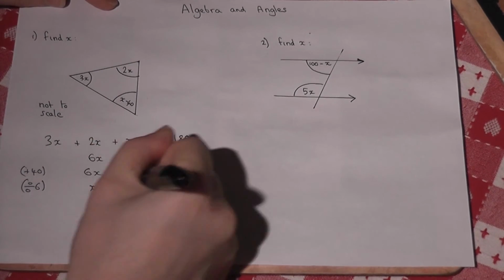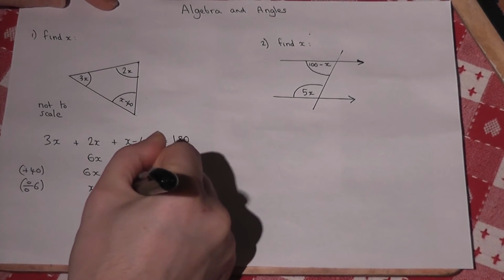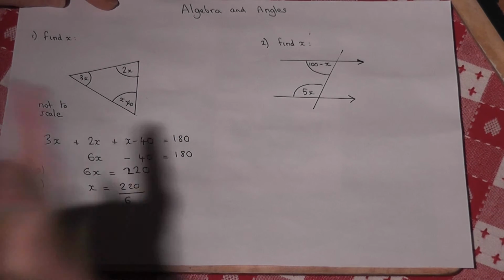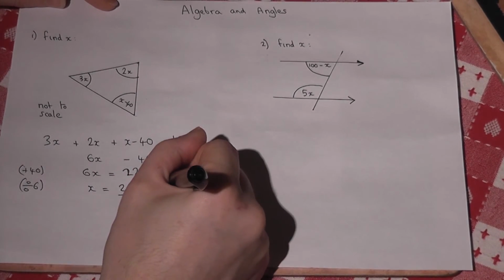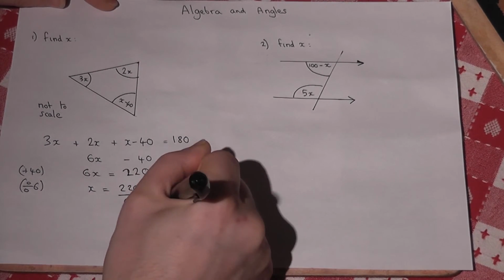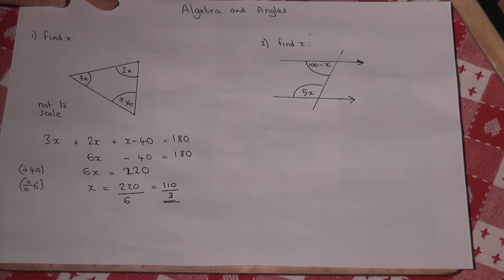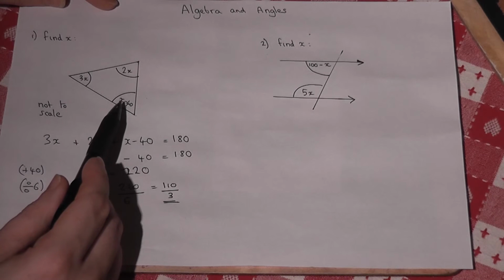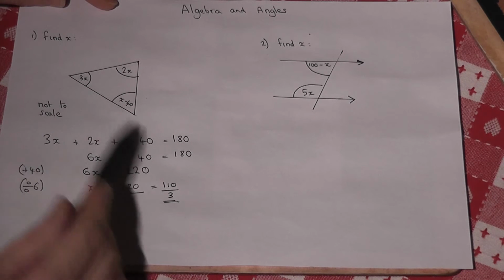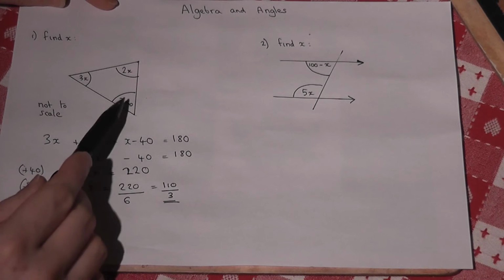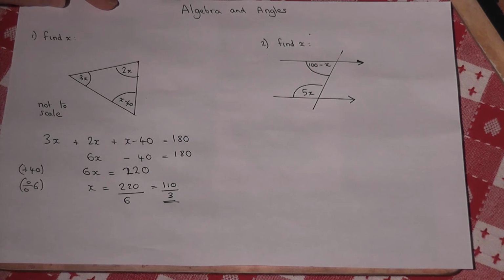So x must equal 220 over 6, which is the same as 110 over 3. And of course, when we know x, we can find each of the angles. E.g., this angle here is 3 times x, this angle here is 2 times x, and this is x take away 40.